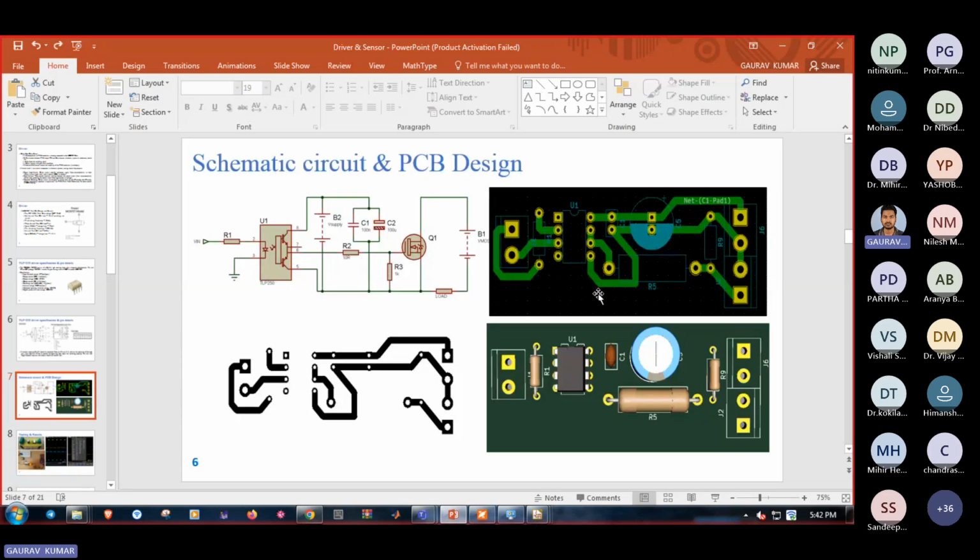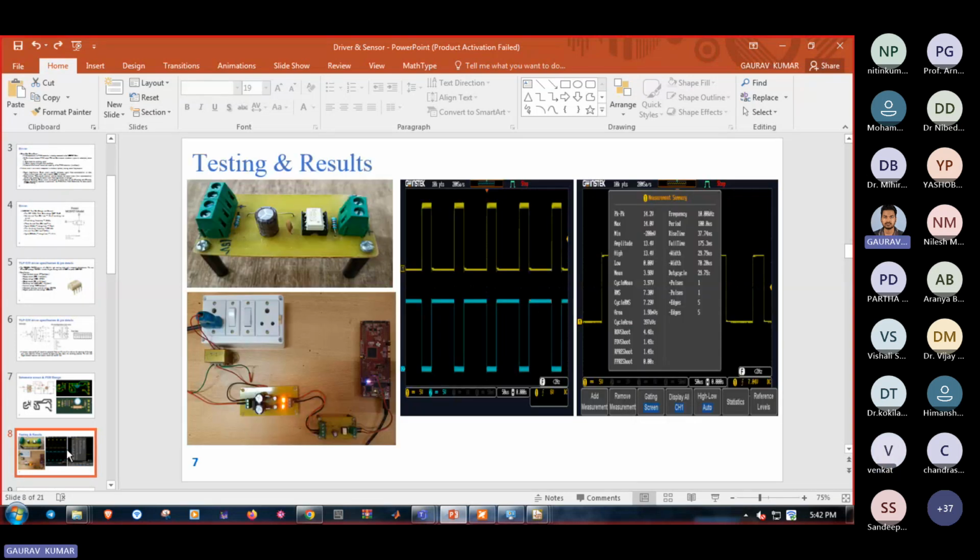So after making a schematic and designing, this is the PCB board. After that, this is the PCB of the TLP250 driver, and here we have tested. You can see the microcontroller pulse which is going to the TLP250 driver is approximately 3.34 volt, and with the help of 15 volt it is amplifying, and we get the output, which is also pulsating in nature.